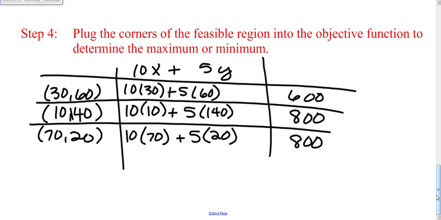So the cheapest thing I can do is right here. The least I can spend, the minimum cost, I'm going to put this in a sentence.